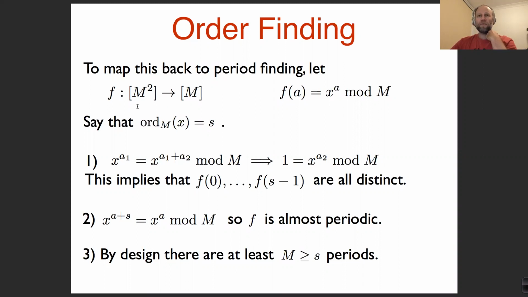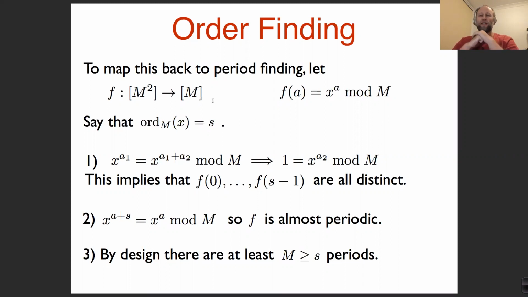We're going to consider it as a function from m squared to m. We want to see enough periods so that Shor's algorithm is able to figure out the period, and last time we saw that Shor's algorithm could work as long as you took the size of the domain to be something like the square of the size of the range.